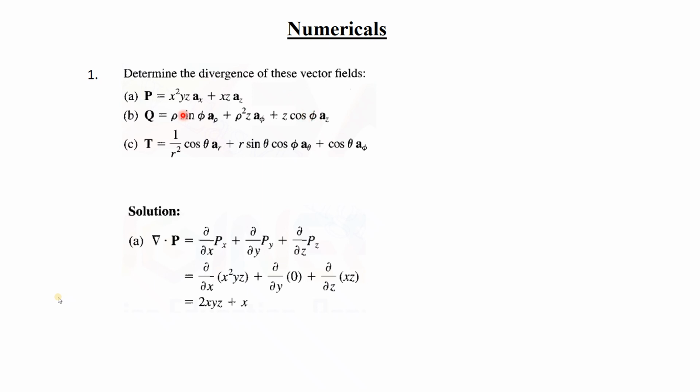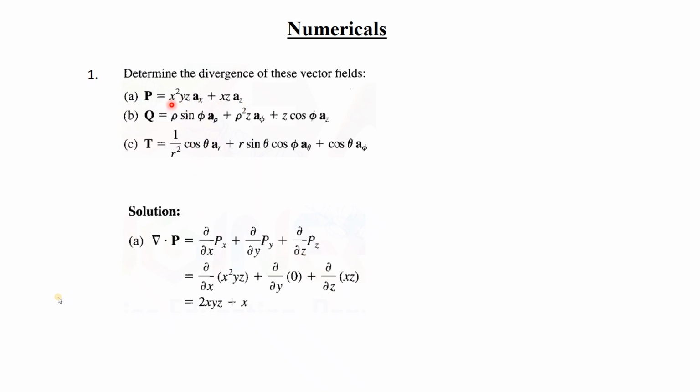Now, if you want to find the divergence of vector P in the Cartesian coordinate system, we apply this equation, because this is a divergence. The result will be a scalar.